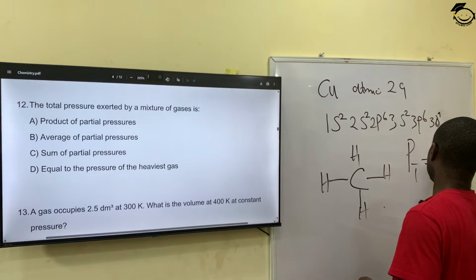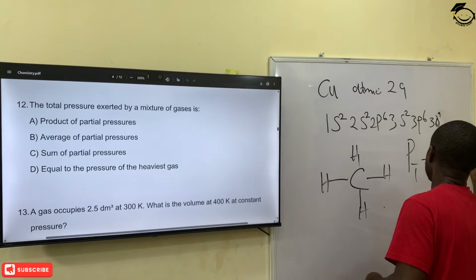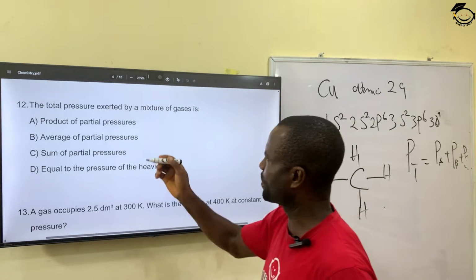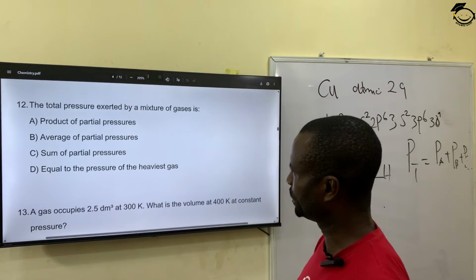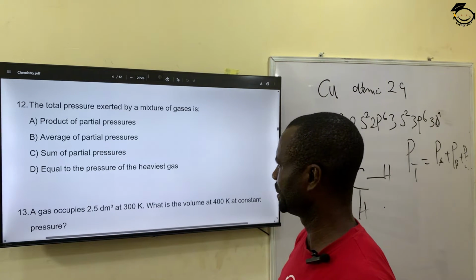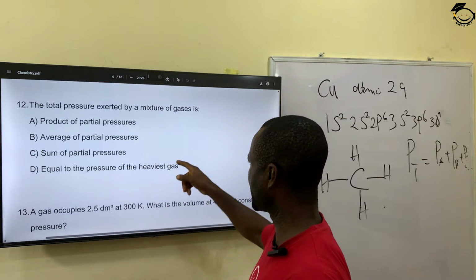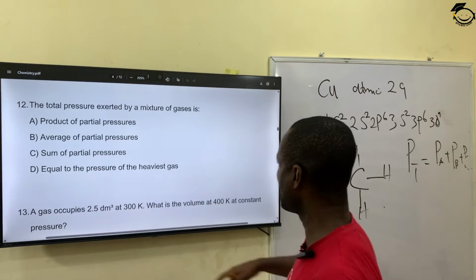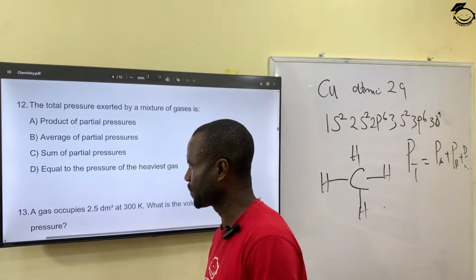PT, which is total pressure, is usually the pressure of the individual gases, A plus B, plus pressure of C, etc. So the total pressure exerted by a mixture of gas is A, product of the partial pressures, no. B, average partial pressure, C, sum of the partial pressures, D, equal to the pressure of the heaviest gas. The correct answer is sum of the partial pressures, as you can see, A plus B plus C. So the correct answer is C.